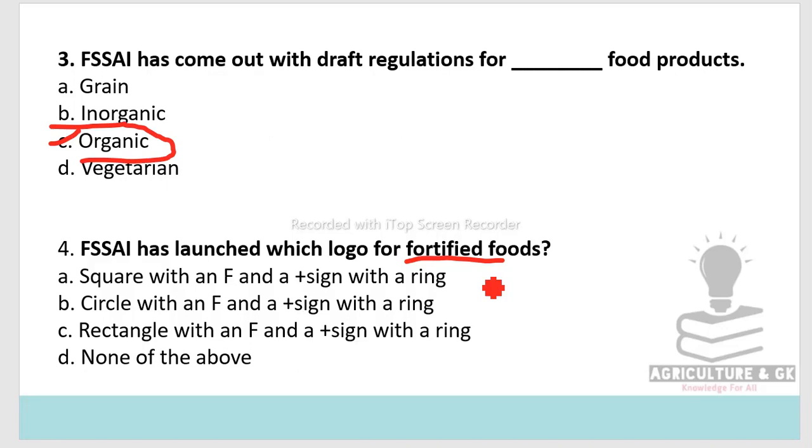So what is it: a square with an F and a plus sign with a ring, a circle with an F and a plus sign with a ring, a rectangle with an F and a plus sign with a ring, or none of the above. So the new logo is a square with an F and a plus sign with a ring. You can go and check it on the FSSAI website. Our answer will be option A.